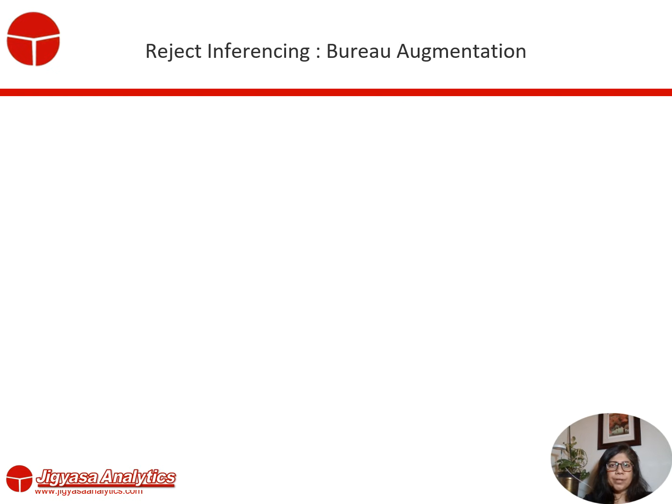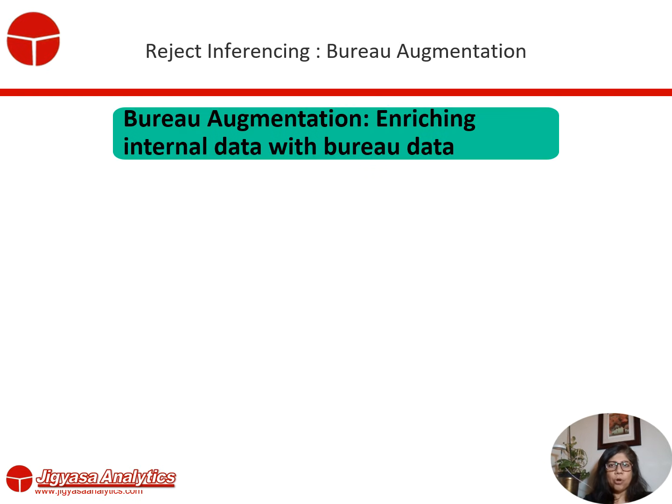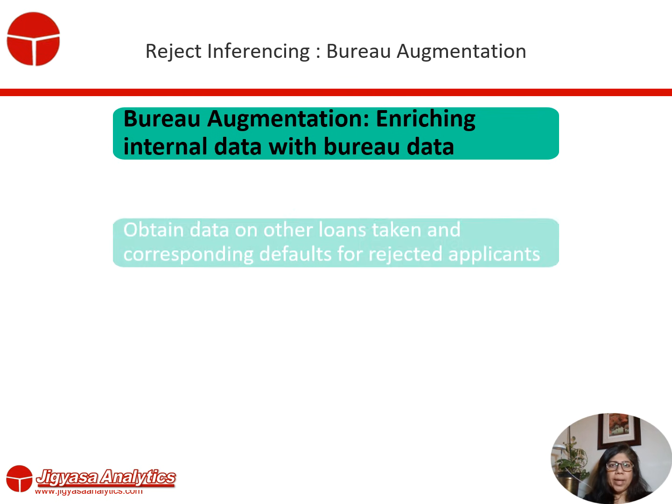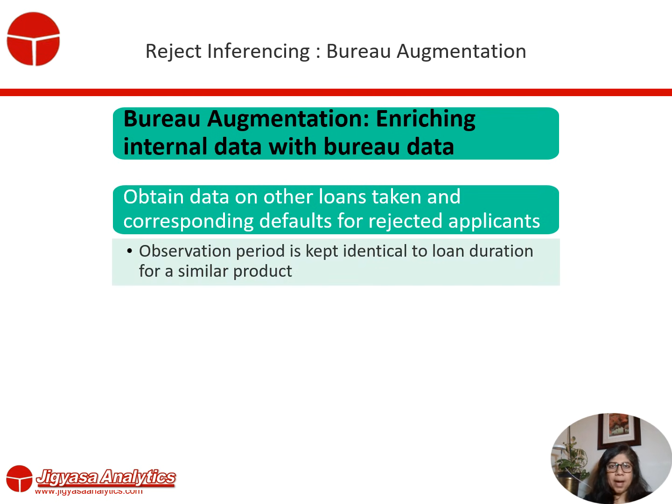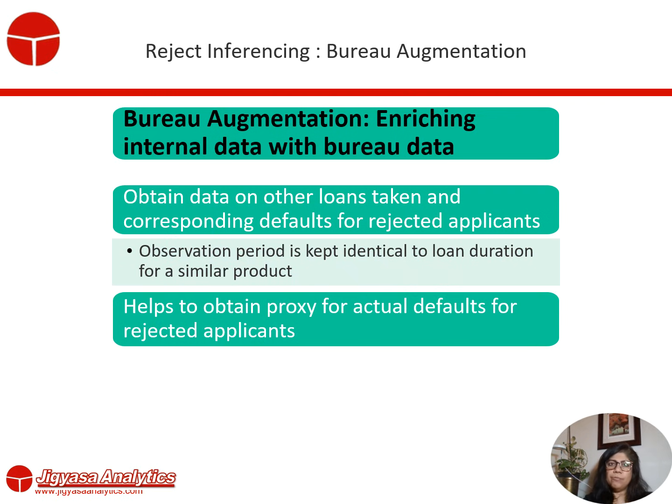One technique for inferring the behavior of the rejected population is bureau augmentation, which involves enriching your internal data with bureau data. Why do this? Well, because rejected applicants may have taken loans from other lenders and they may have defaults elsewhere. And we can use that data to estimate the dependent variable for the rejected applicants.